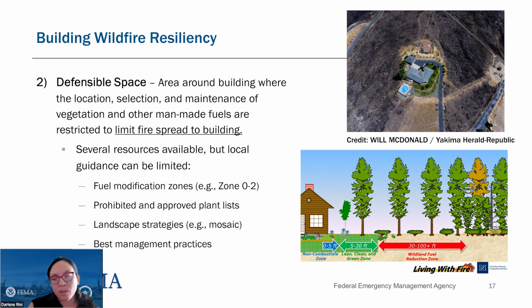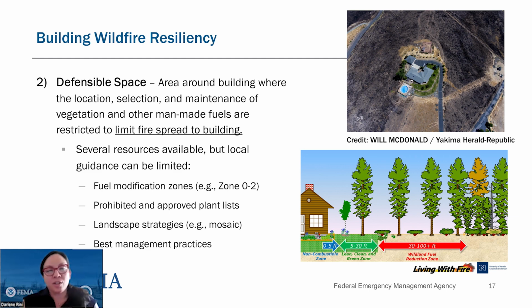Zone 1 is typically from 5 to 30 feet away from the structure, also known as the lean, clean, and green zone. Zone 2 is typically 30 to 100 feet out or even more, and this is the interaction, wildland fuel restriction zone.